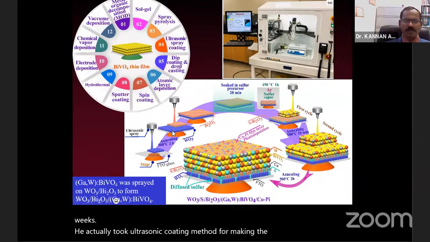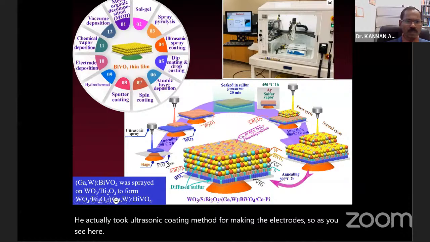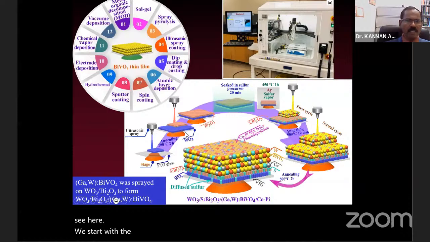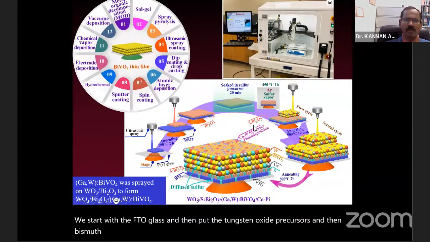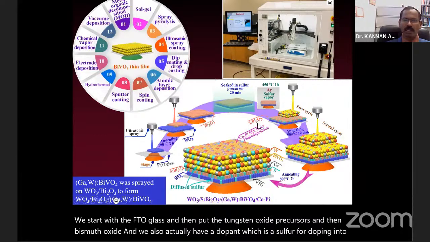As you see here, we start with FTO glass, and then put the tungsten oxide precursors, and then bismuth oxide. We also have a dopant, which is sulfur, for doping into the bismuth oxide layer.